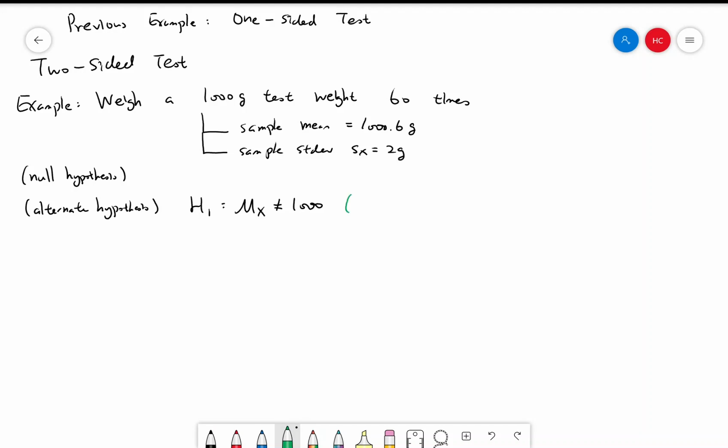So this means our scale is off. And the opposite is the null hypothesis, which is the one we want to reject. It says that the population mean is equal to 1,000. Translating into words, it means our scale is fine.